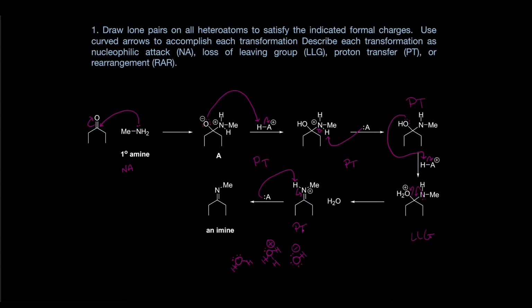So we can see that this mechanism involves quite a few steps. What I'd like to do to make it easier to memorize is to break down the mechanism into two parts. We can break down the first three steps, which forms our carbinolamine.